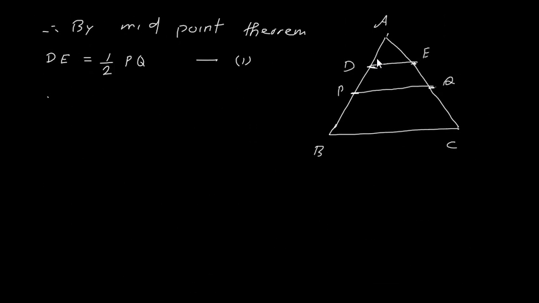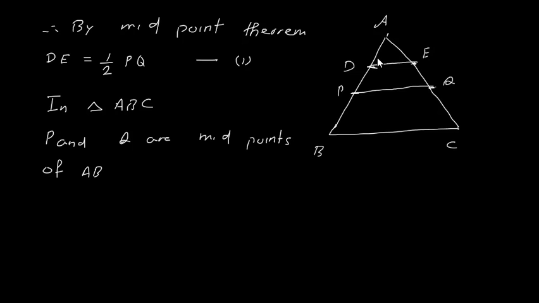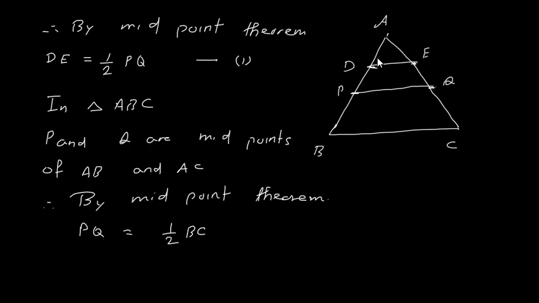In the same way, in triangle ABC, P and Q are midpoints of AB and AC. Therefore, by the midpoint theorem, PQ will be half of BC.